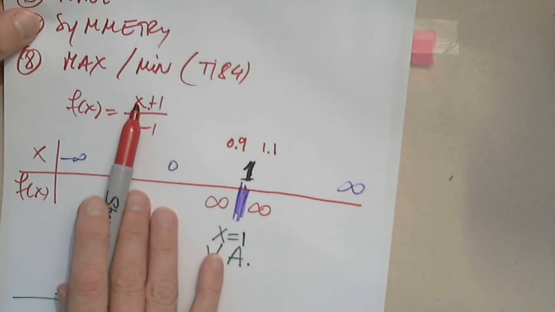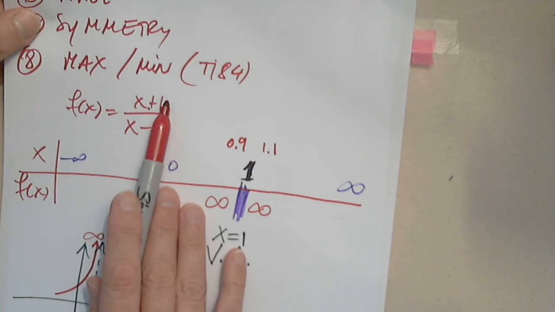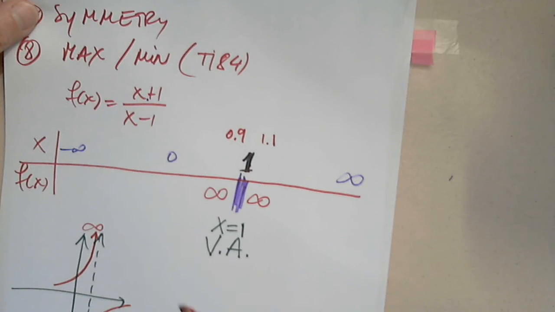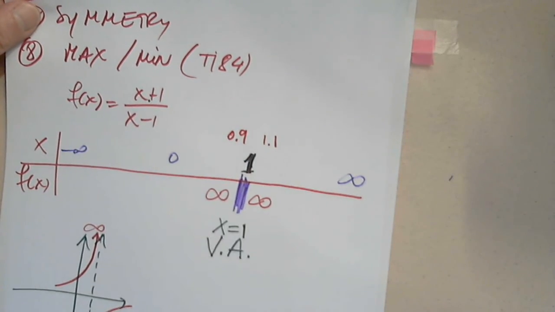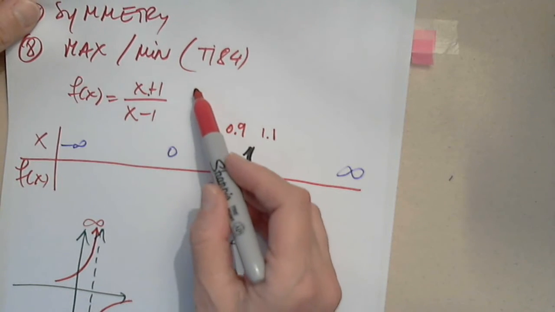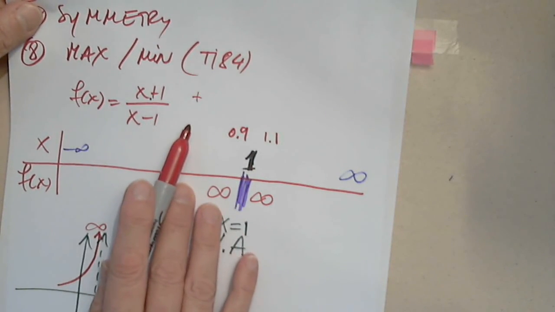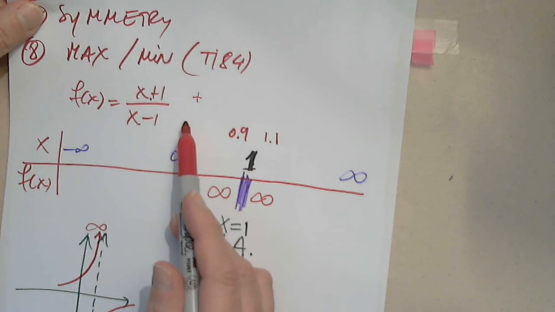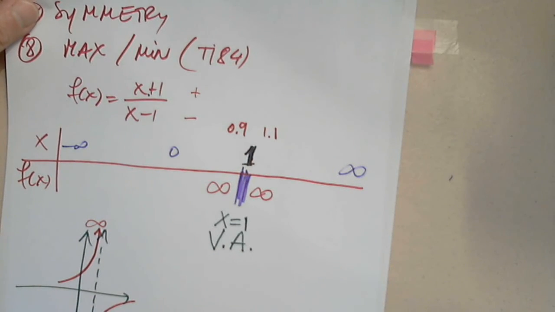When I plug in 0.9, what is the sign of the numerator? Just the sign. How much is 0.9 plus 1? Positive. Good. What is 0.9 minus 1? Just the sign of the outcome. Negative.